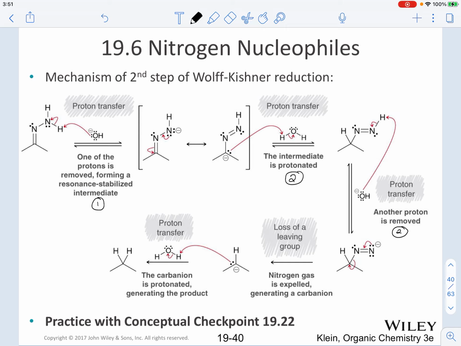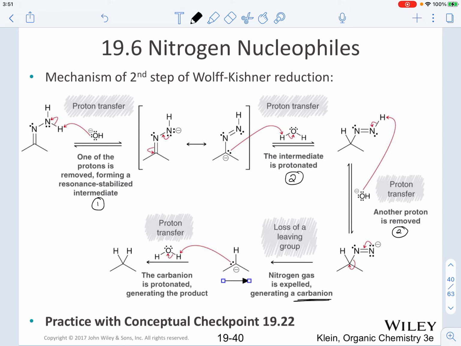Once that happens, then understand that overall we can have that nitrogen gas forming, because we are going to have the nitrogen lone pair go and form that N2 group, and the electrons are going to move back to the carbon, and this carbon anion, as you can see, is formed right here.